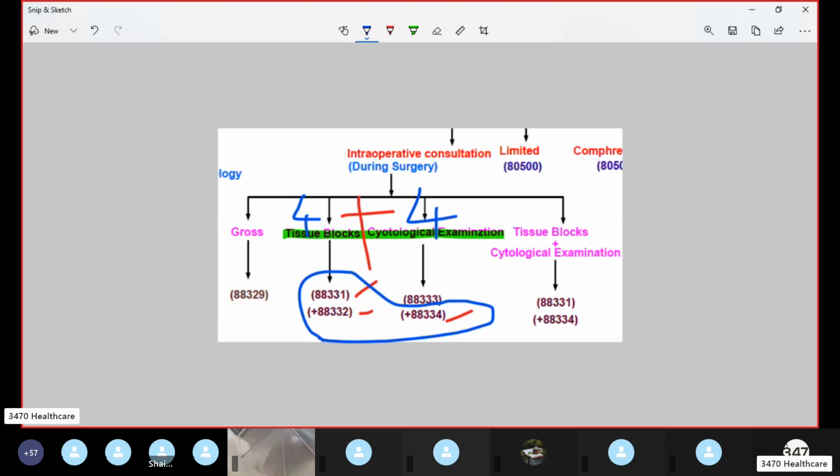First you have to give tissue block primary code, add-on code, cytological examination add-on code.